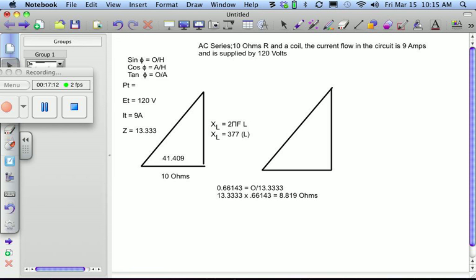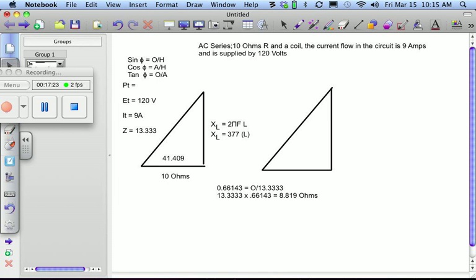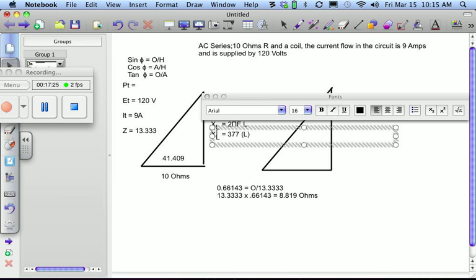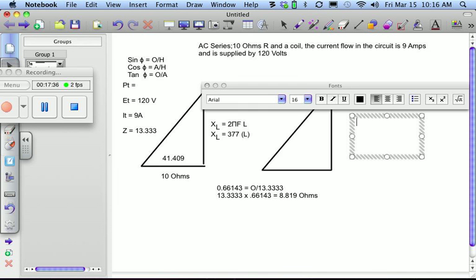Let's go back. All we need to find now is our X sub L, right? So now, if we can get back into this, I hope. No, I guess not. So anyway, let's just go here and start a new one.